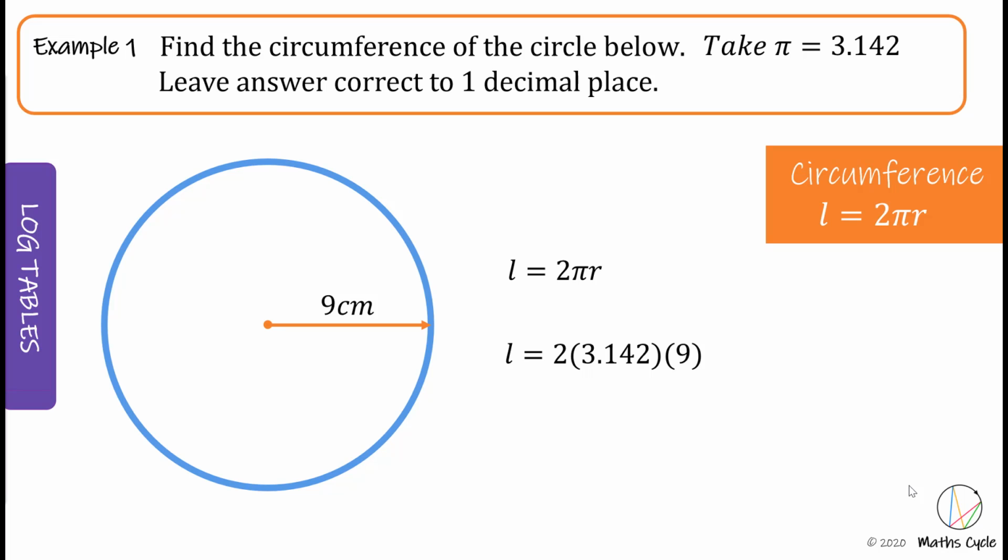Remember that brackets mean multiply, so this means 2 multiplied by 3.142 multiplied by 9. We can use our calculator for this.